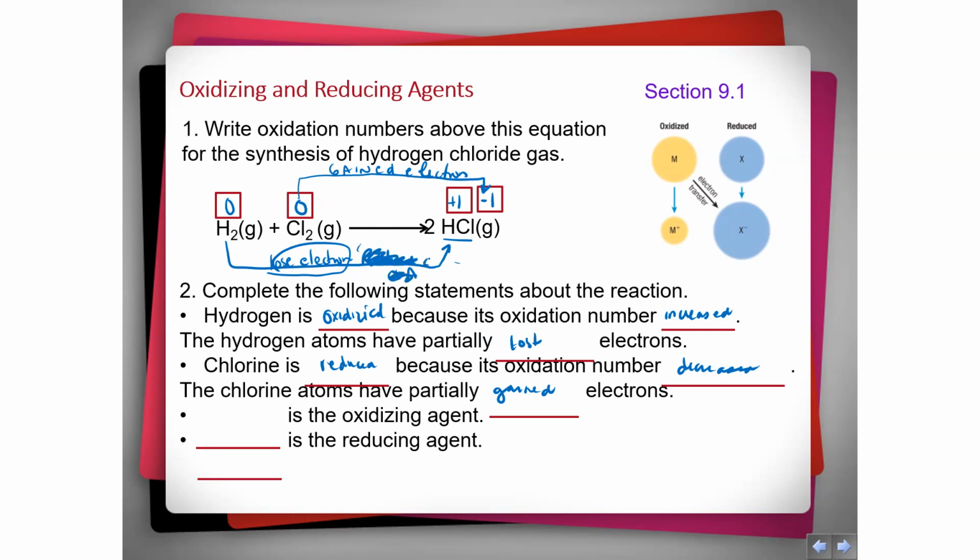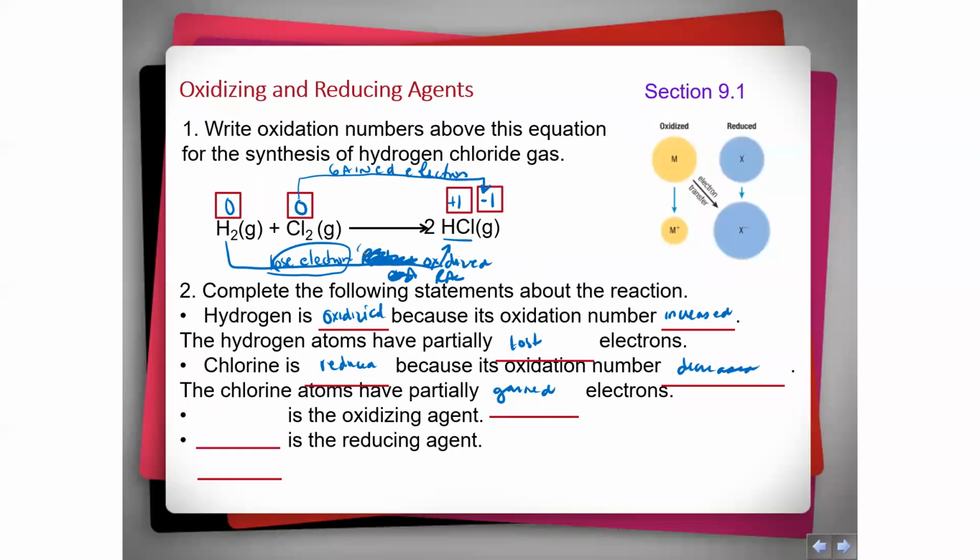Hydrogen got oxidized. It is the reducing agent. Sorry. And chlorine gained electrons. Okay, so the chlorine here gained electrons.